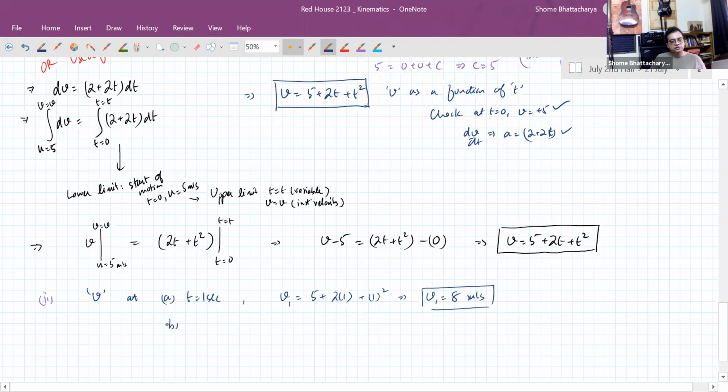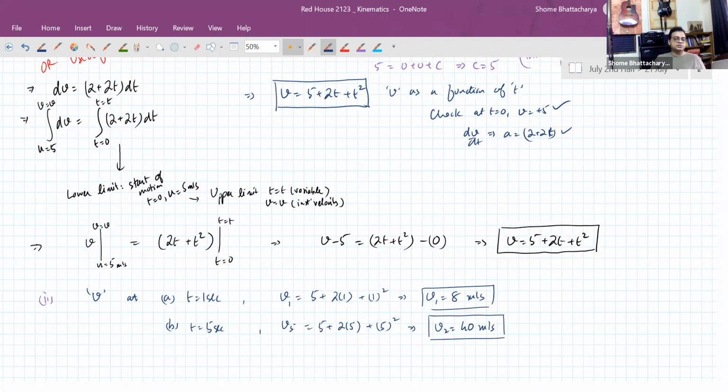You again want to find the value of velocity at 5 seconds, you find it as plus 25 plus 10, 35 plus 5, 40. You can see the velocity is increased from 8 to 40 by the time the time is 5 seconds. So not 2 but 5.